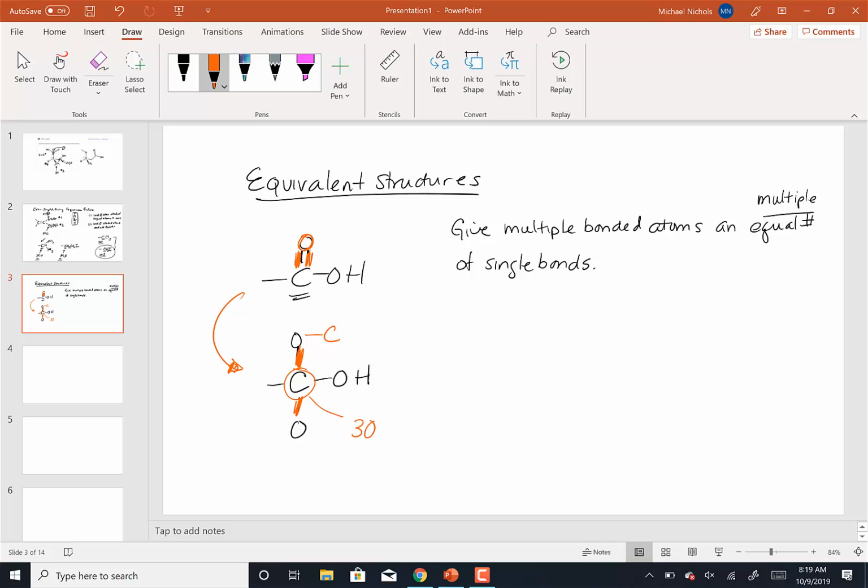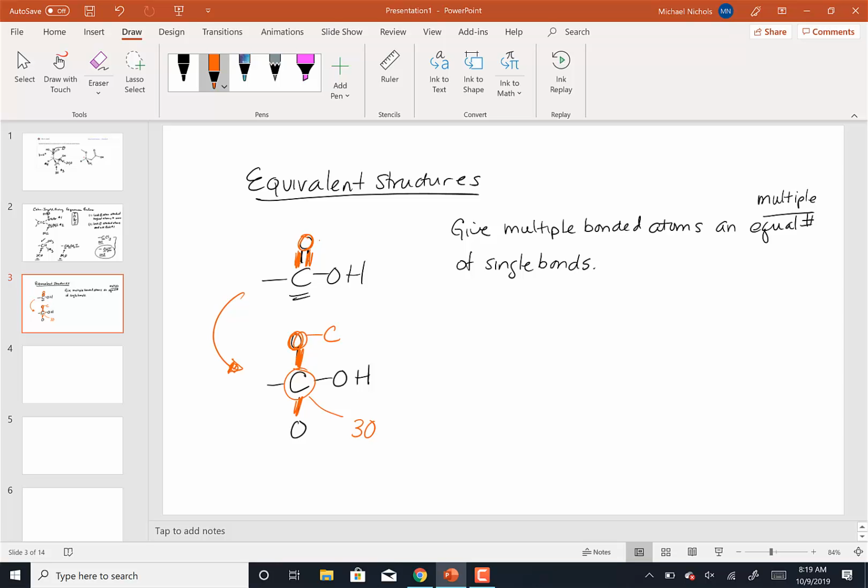And technically, since this is my oxygen that I wrote when I did my single bonds, I'm going to attach the carbon to that one, because I'm looking at this OC single bond and saying OC single bond number one, OC single bond number two.